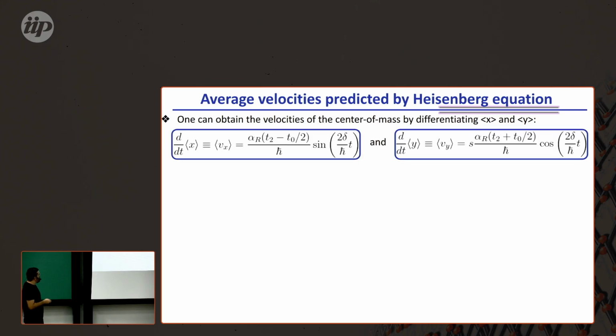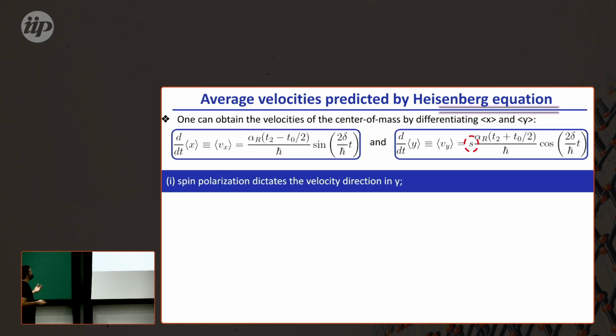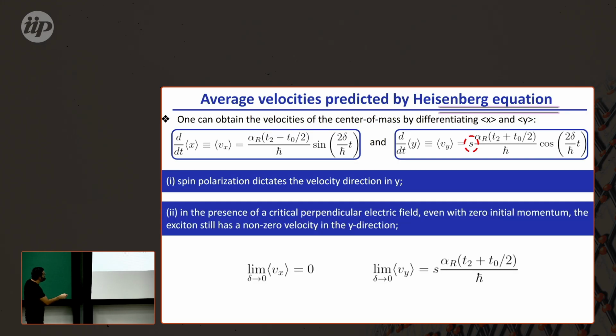And one more thing, we derive the average, and you get some feeling about the group velocities, just to say that the spin polarization along the y direction goes to 0. I just have to jump ahead because of my time.